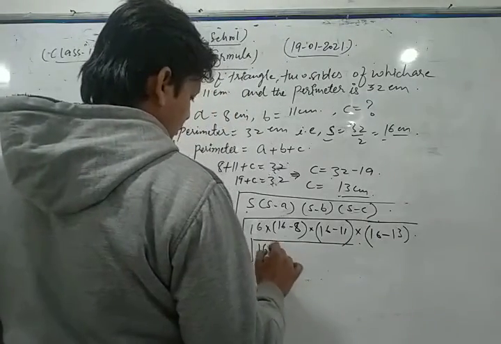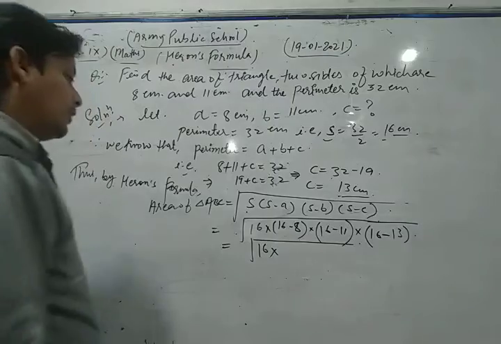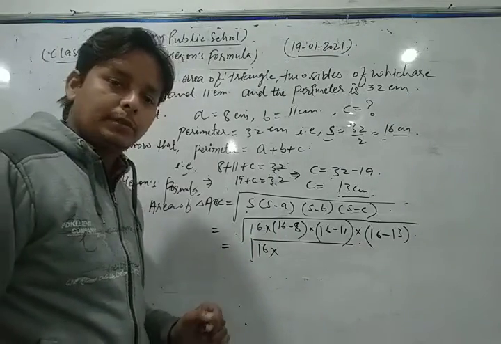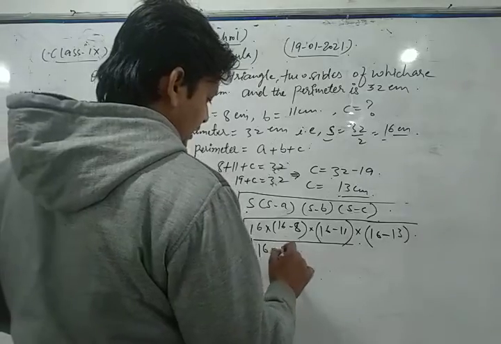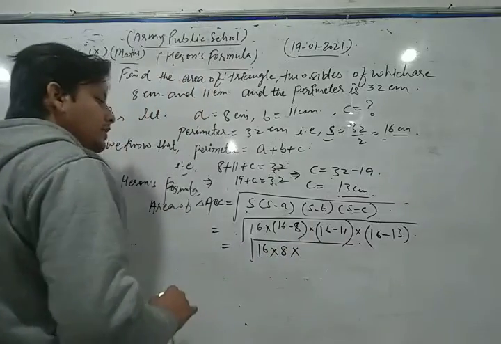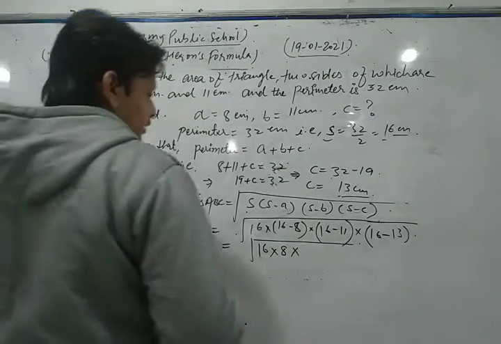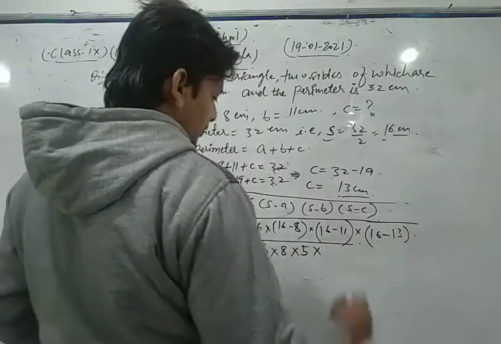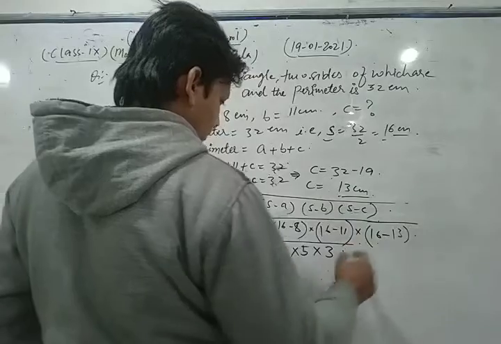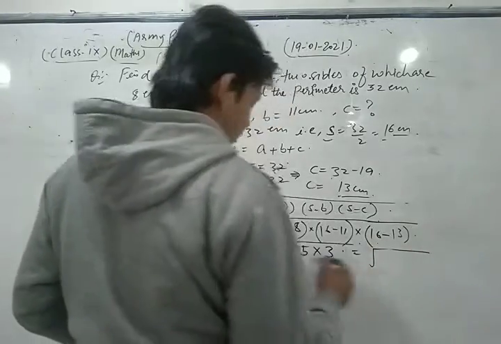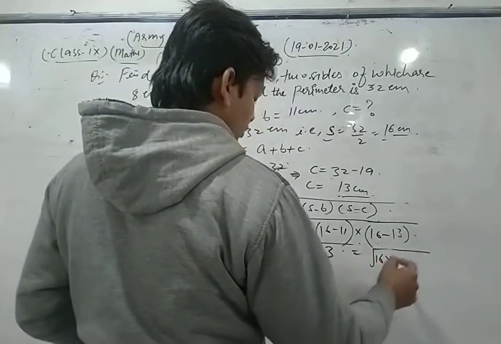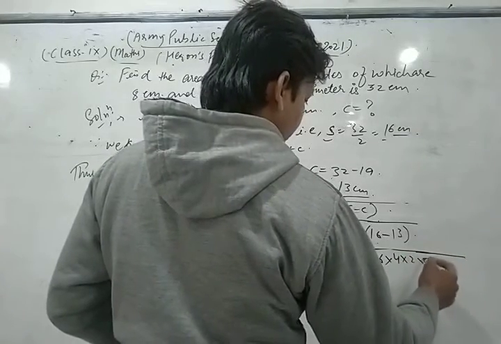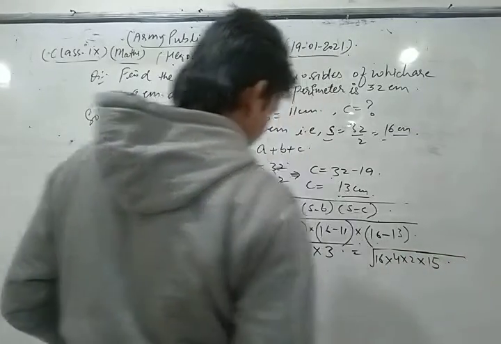This is 16 into 16 minus 8, which leaves 8. So here we write 8 into 16 minus 11, so we get 5, into 16 minus 13, that is 3. Now we write 16 as it is, 8 as 4 into 2, and 5 into 3 is 15.